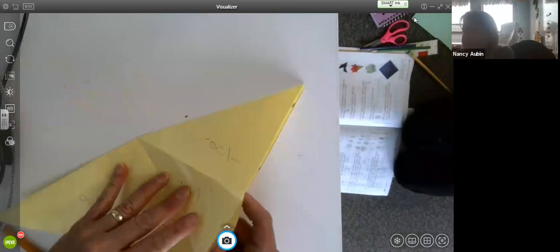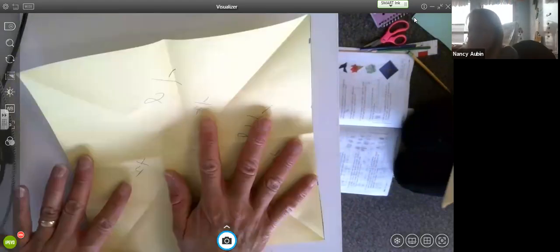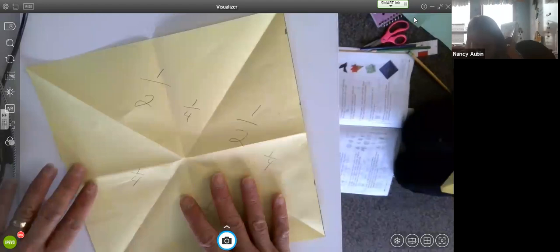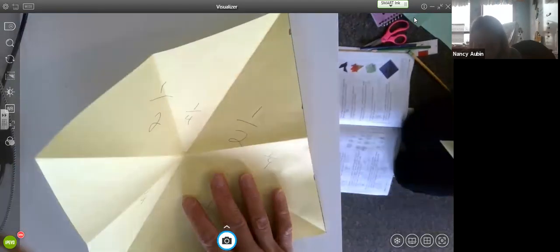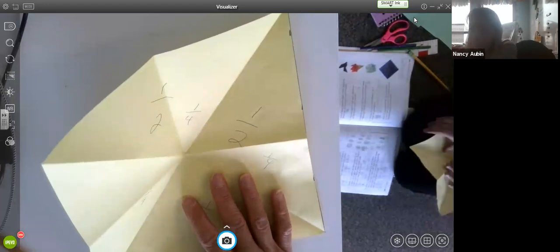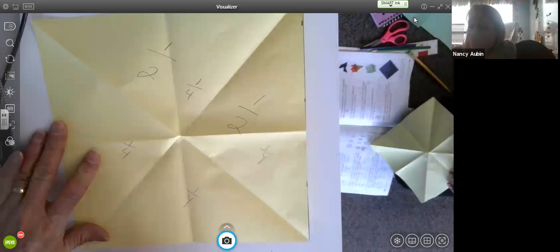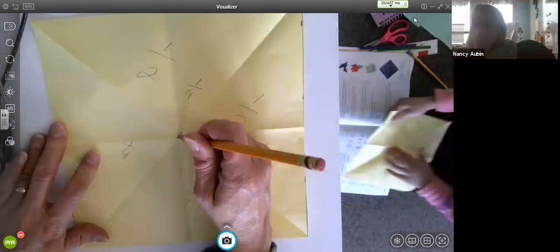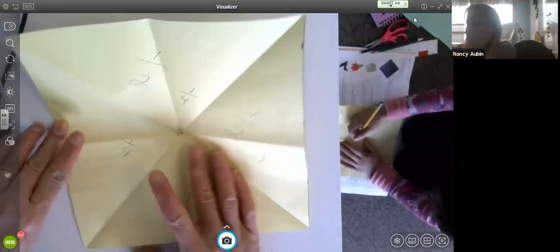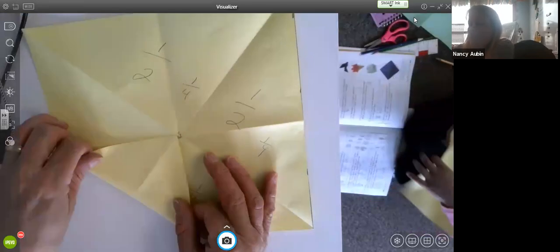No, this is still the same. Now it says to fold 4 triangles to the center as shown. So the center is like, if you want to put a big dot here, you could take your corner, fold that one in.